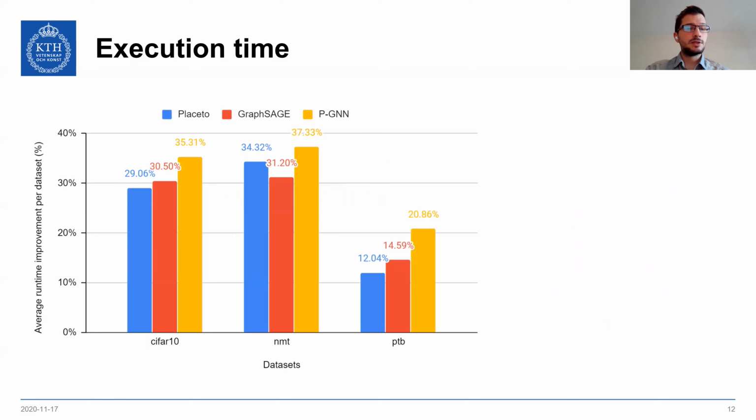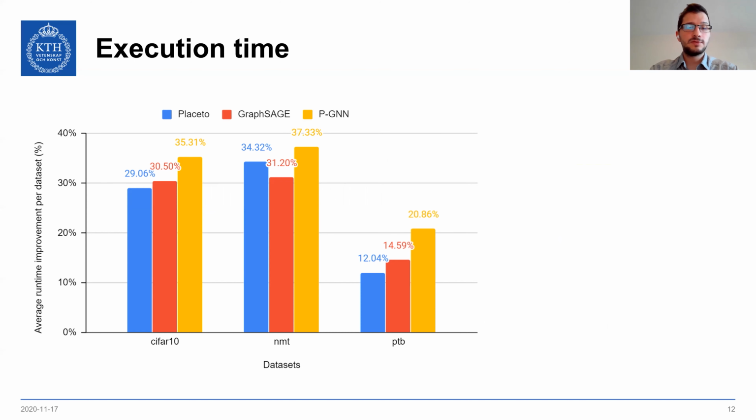Here, we see the average execution time improvements for each graph embedding architecture on each data set compared to the initial placement. On the x-axis, we see the 3 data sets, and for each the 3 graph embedding architectures: Placeto in blue, GraphSAGE in red, and PGNN in yellow. On the y-axis, we have the execution time improvement measured in percents.